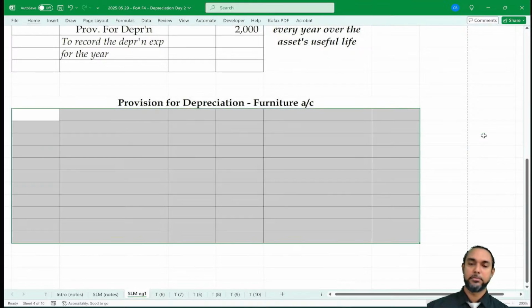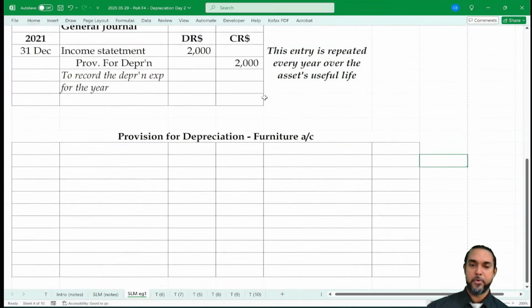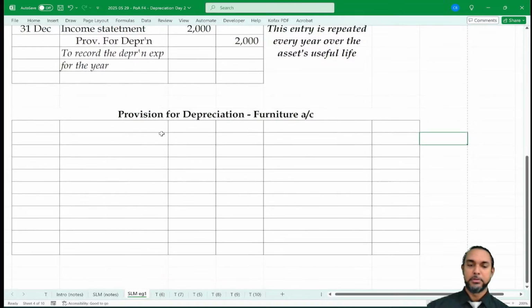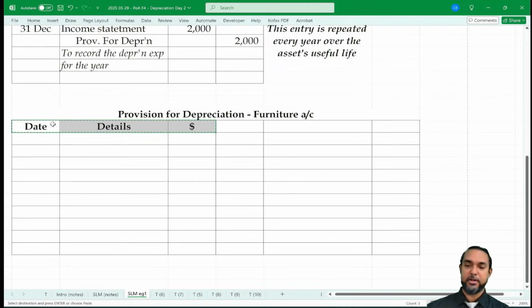With? Alright. Okay, so as we know, we have a date column, and you can put details or particulars. There's also supposed to be a folio column, which again I will omit because we don't do anything with it at this stage. Sometimes we can, most times we don't. And for the date, I'll put the year.